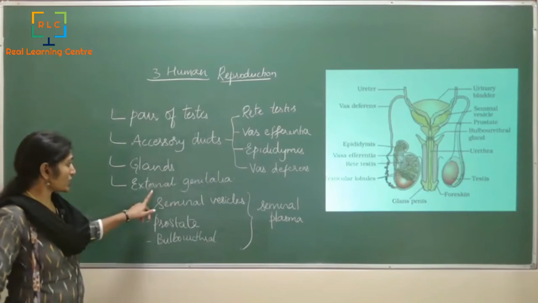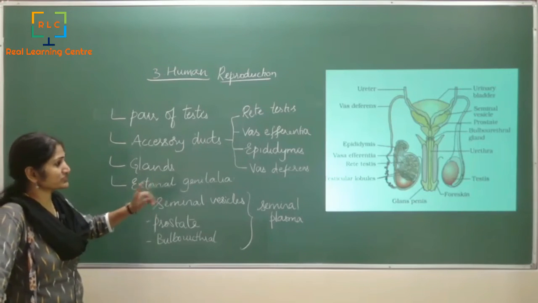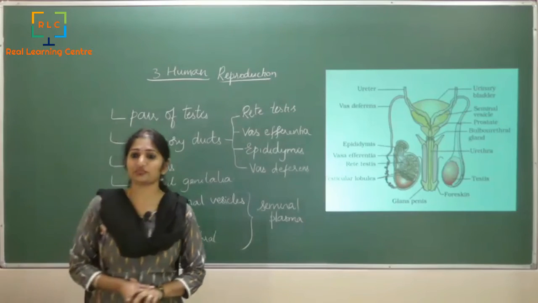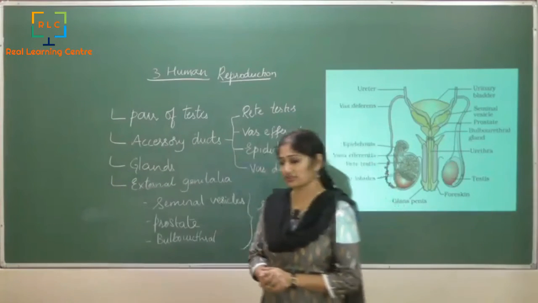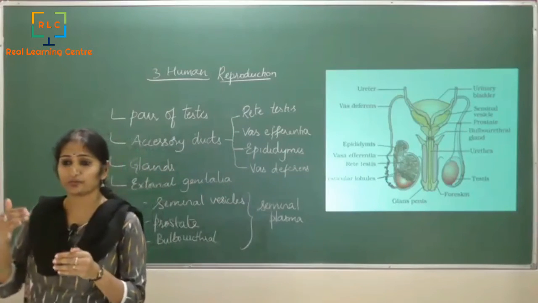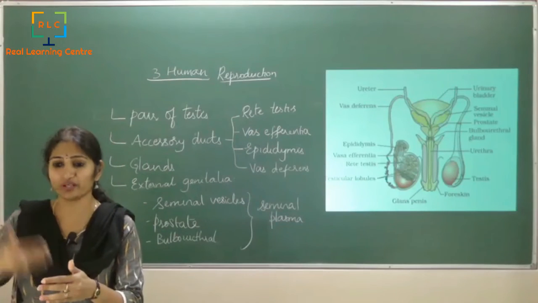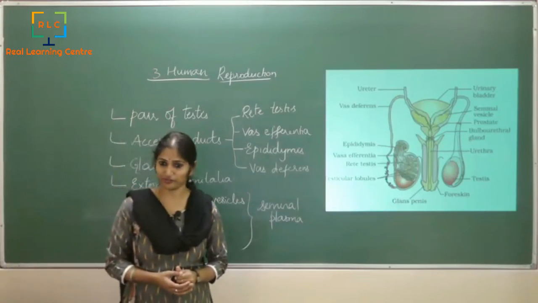Now talking about the last part of the male reproductive system, we have the external genitalia. So we consider the penis as the male external genitalia. It is very important because it is through this penis that insemination is possible, right? The transfer of the gamete towards the female gamete.